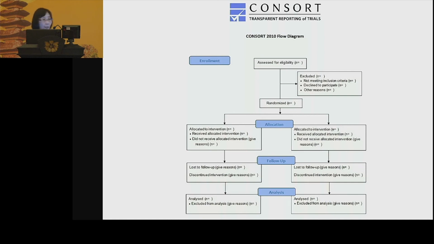So why do we need to care about all these things? Because ultimately, you want your study to be published. And when you write up the paper, you have to fill out this CONSORT diagram, which starts with how many patients meet the criteria and how many patients are excluded from the study because of whatever reasons, and how many patients are randomized to each group, and how many patients after randomization actually get started, because some patients after randomization to placebo disappear.